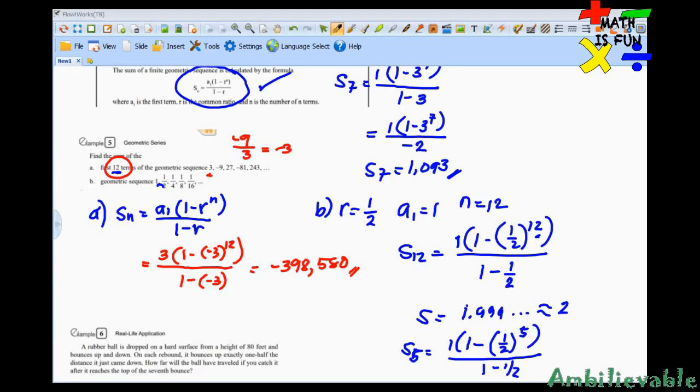The sum of the, let us add this also, A1. This is our sum that we have.